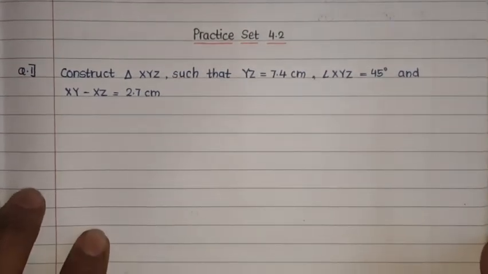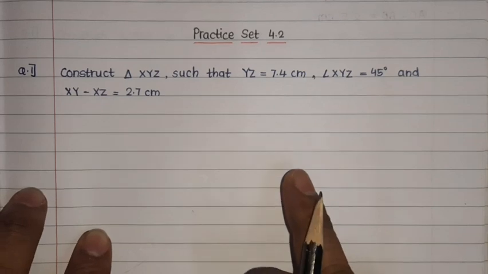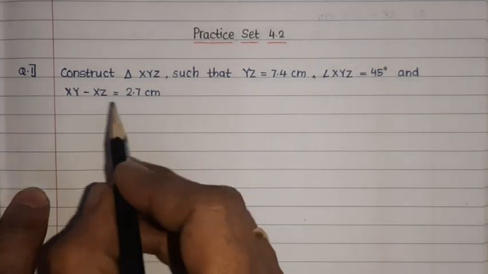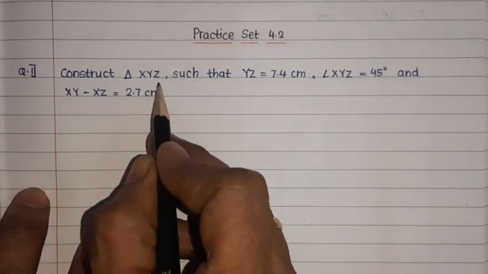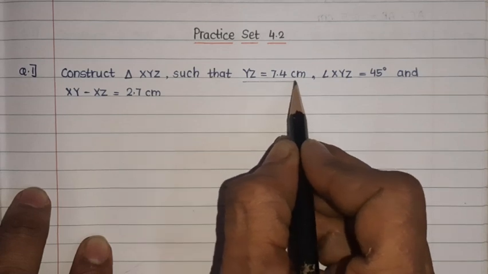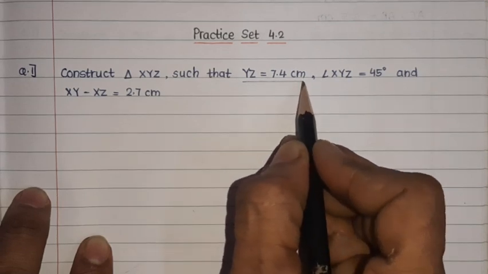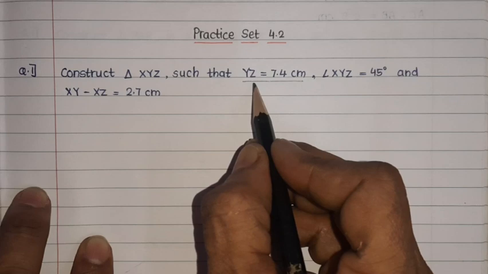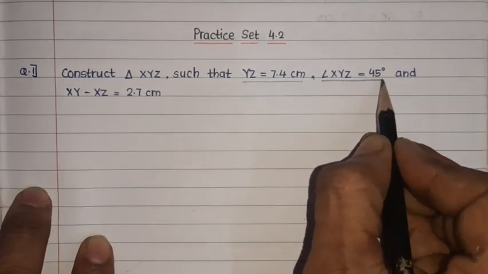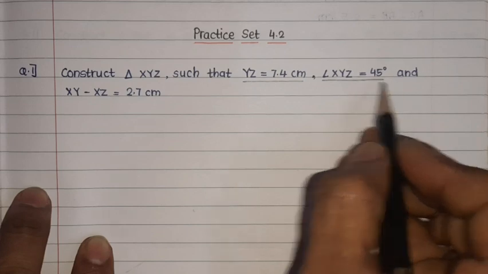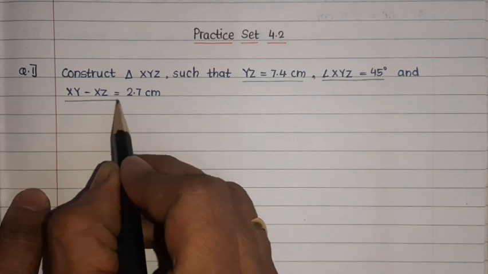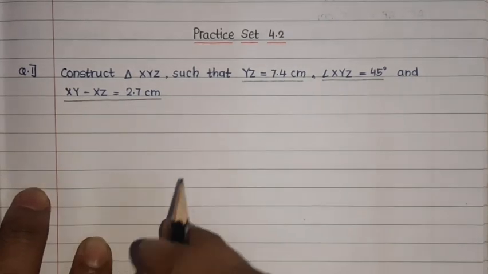Now we have to learn. See practice set 4.2. Question number one is given. See, construct triangle XYZ such that YZ is equal to 7.4 centimeter. That we have to take as a base. Angle XYZ is equal to 45 degrees and XY minus XZ is equal to 2.7 centimeter.